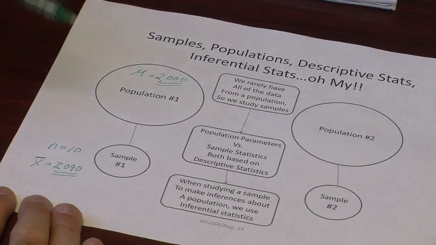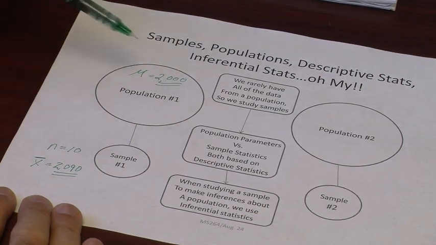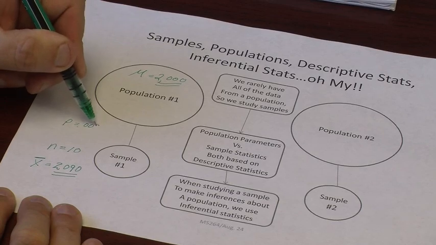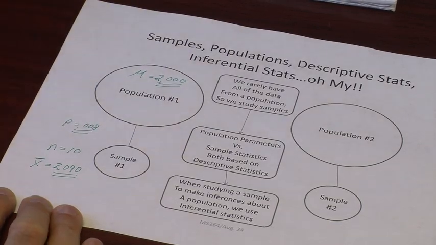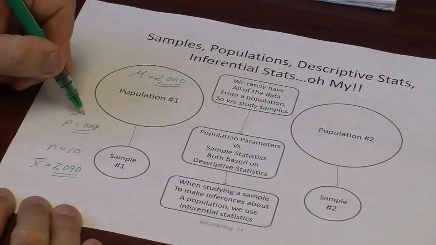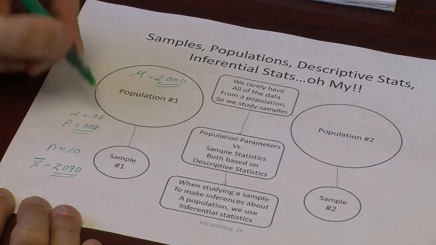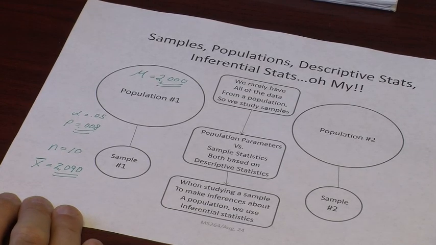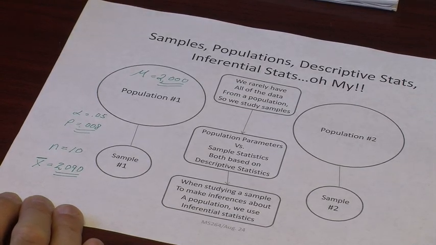Again, when we compared our observed mean to our hypothesized mean, Megastat gave us a p-value of 0.008. Since that was less than our alpha of 0.05, we rejected the null hypothesis, and we concluded that the new device in fact was effective at helping light bulbs last for more than 2,000 hours.